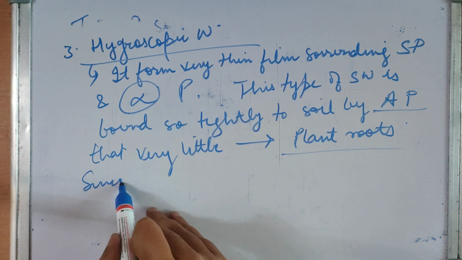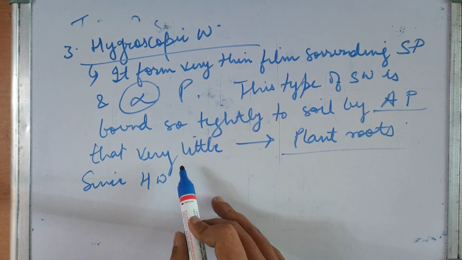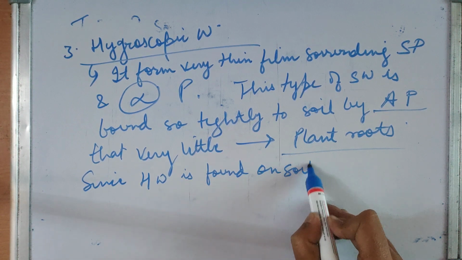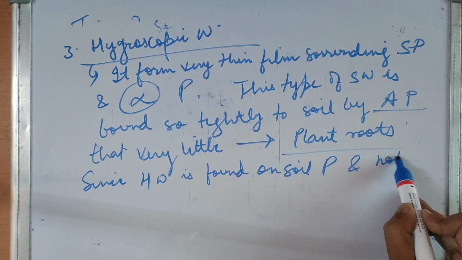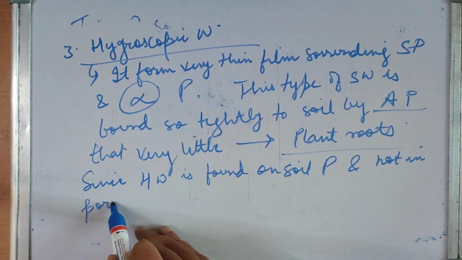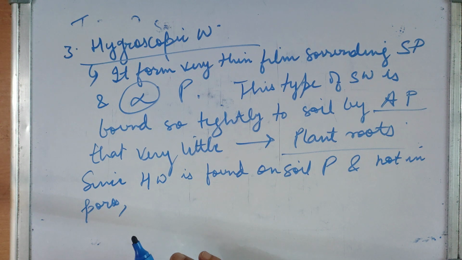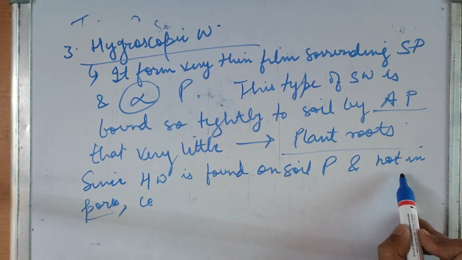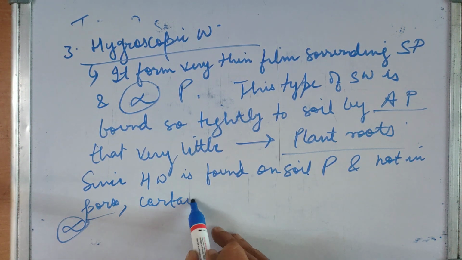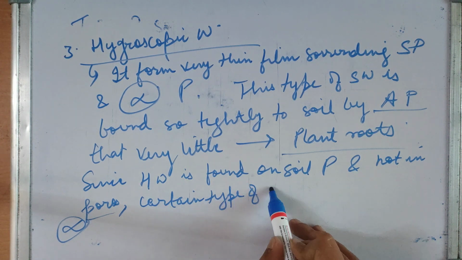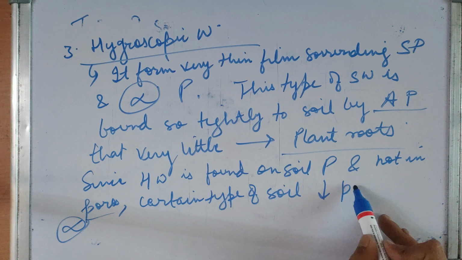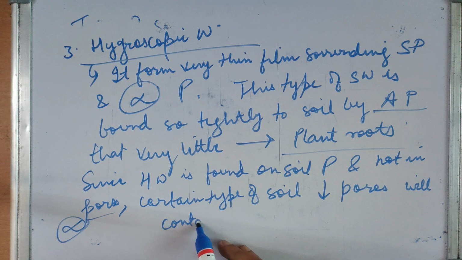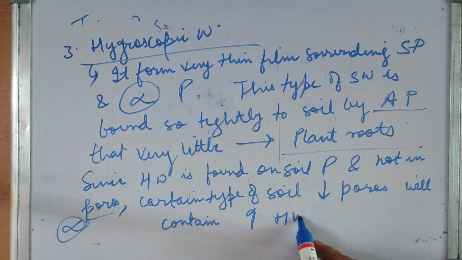Since hygroscopic water is found on soil particles and not in pores, certain types of soil with few pores will contain a high percentage of hygroscopic water.